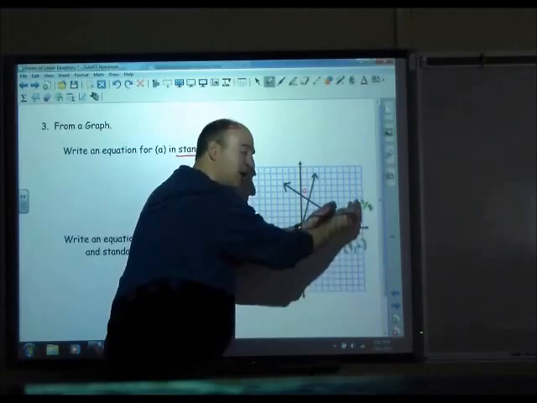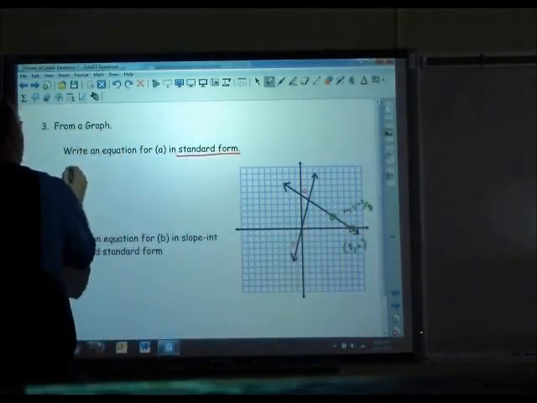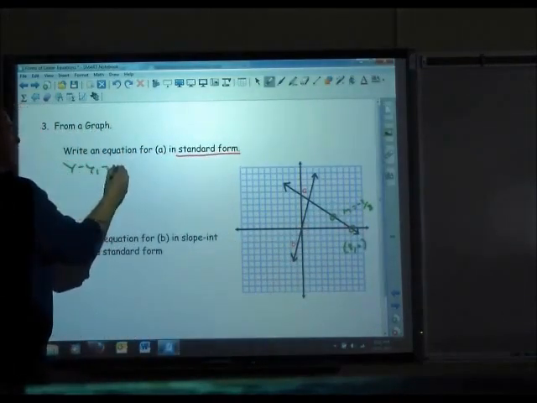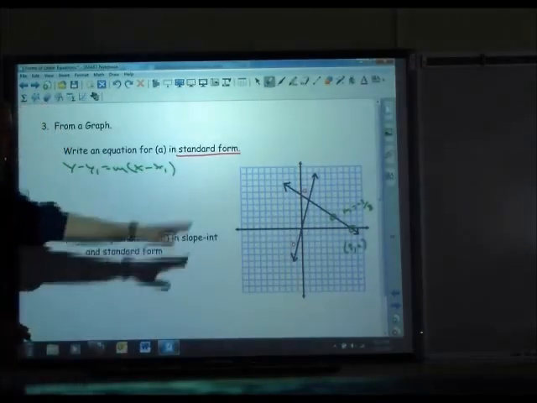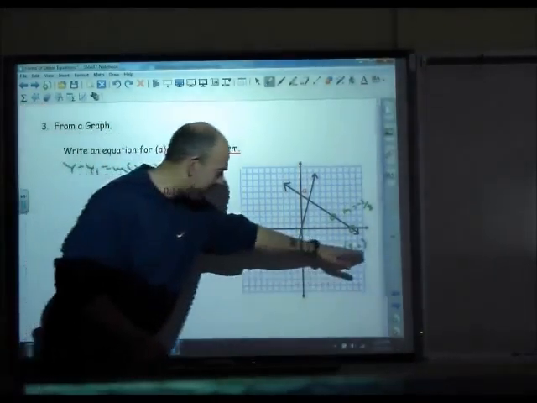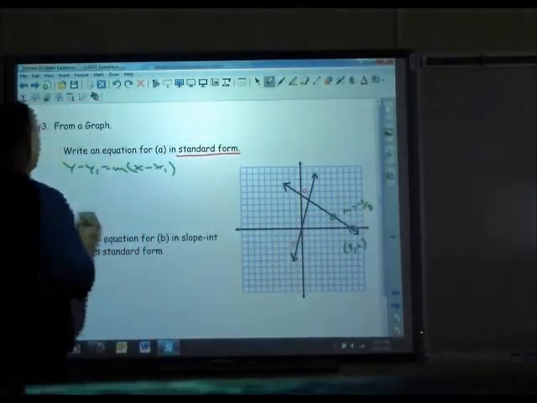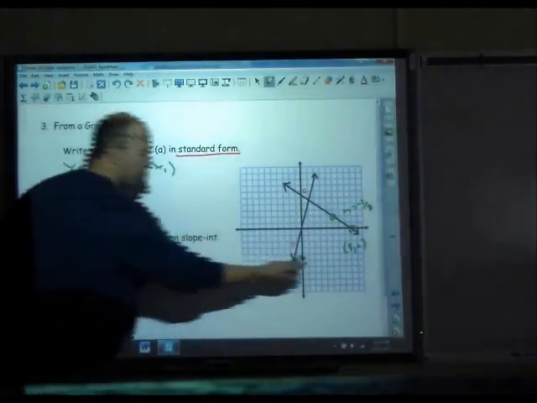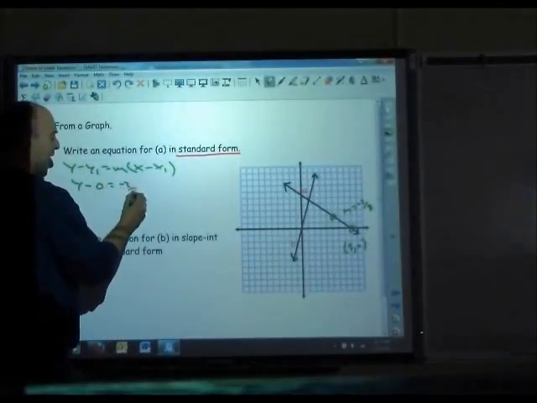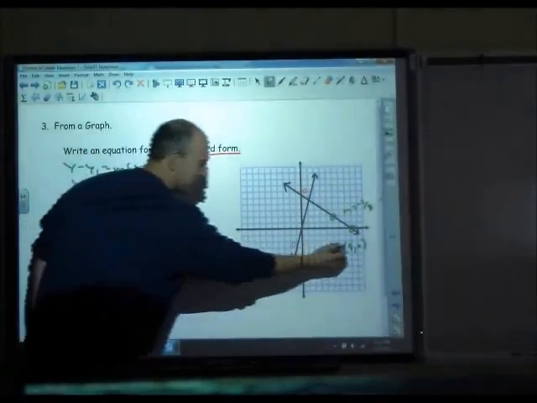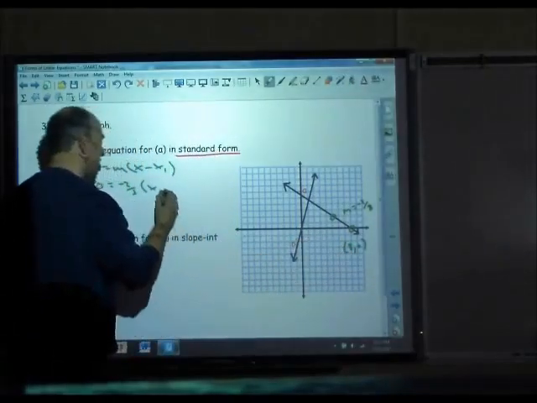This would be point-slope form. So point-slope form is that. Alright, and I can plug in the values of the point I know and the slope. So y minus the y coordinate of my point, y minus 0, equals my slope, -2/3 times x minus the x coordinate of my point, which is 8.